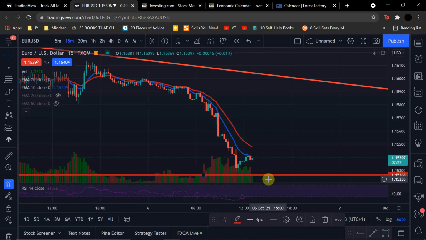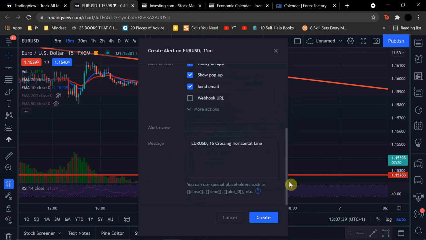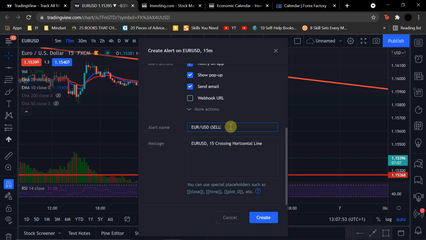I want to put about close on the 15-minute, so I'll say Euro USD buy signal. Sorry, sell signal. I really need to learn my candlesticks.